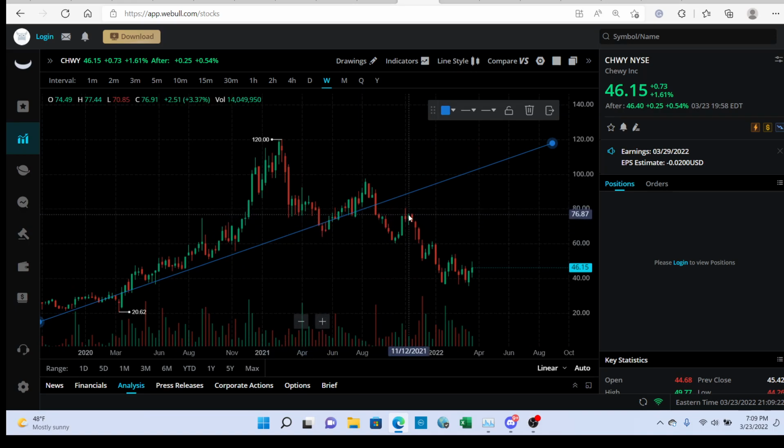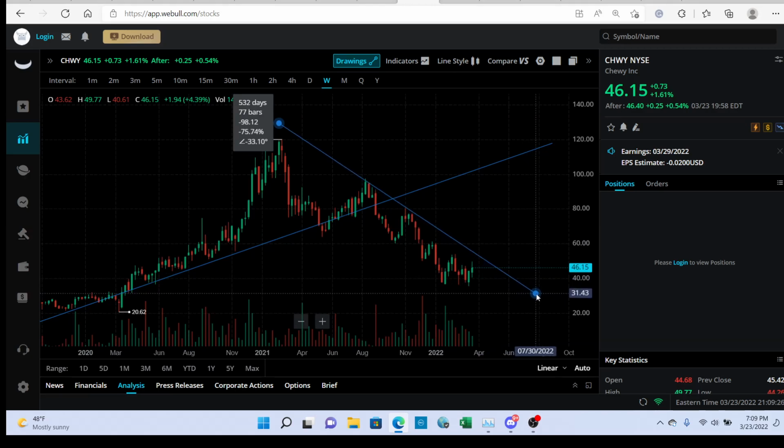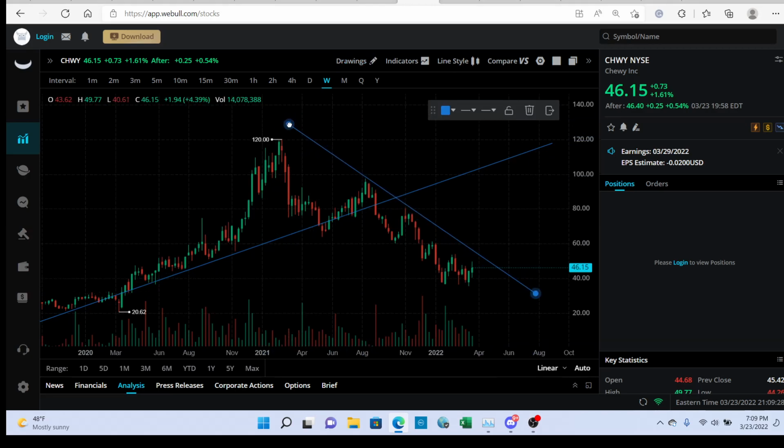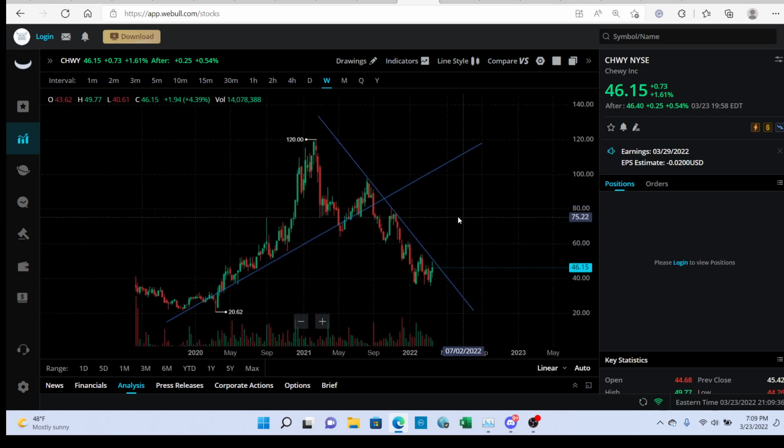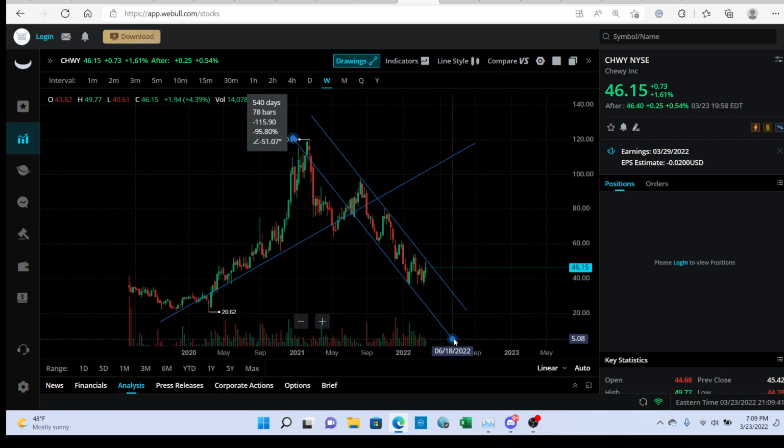And let's draw another trend line. Catch these tops. And this looks like it's moving in a channel as well.